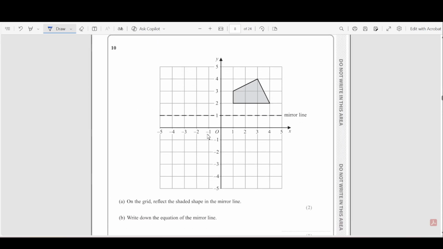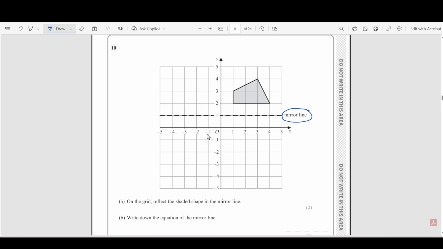Okay. Next we have given a figure and a mirror line. It says on the grid, reflect the shaded shape in the mirror line. Okay, so let's reflect it. This is the mirror line. So how do we do this reflection type of questions? First of all, we need to check the mirror line, and on the opposite side of the mirror line it is reflected.